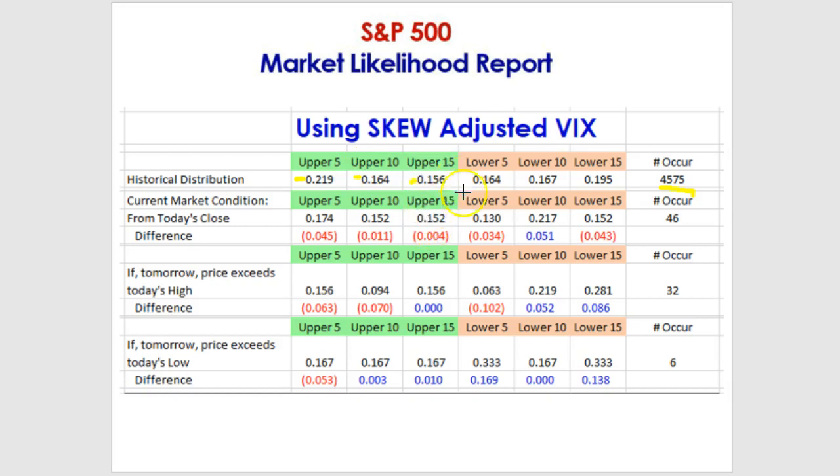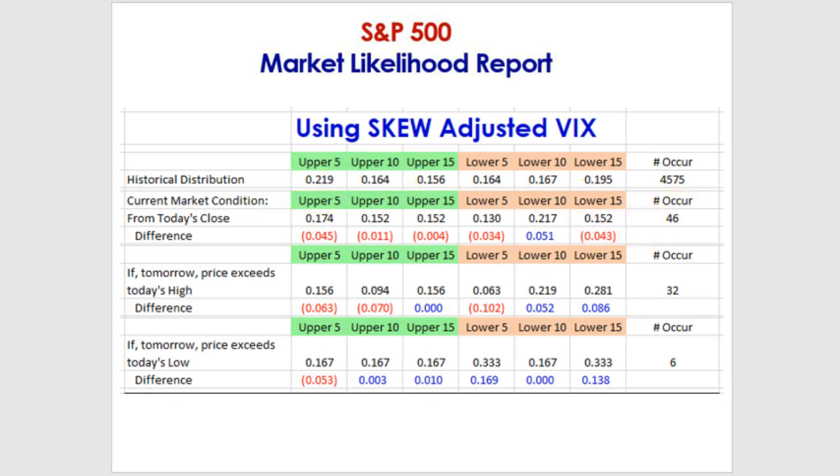The lower bands, 5 was struck 16.4, 16.7, 19.5. That's the benchmark out of the history of the S&P 500 using the skew-adjusted VIX for those bands going back to Jan of 2000. That's our benchmark right there.